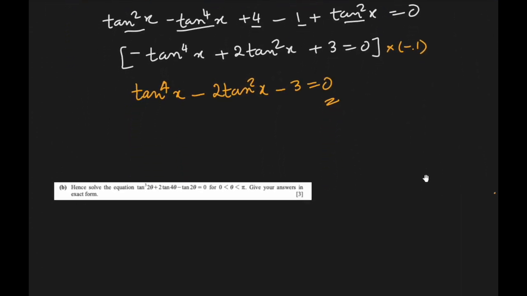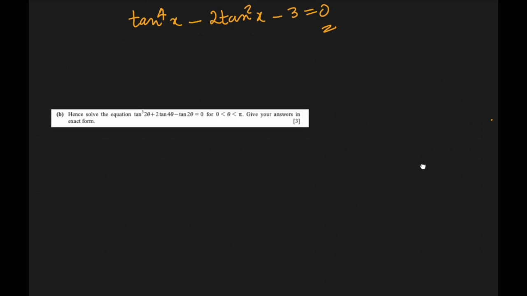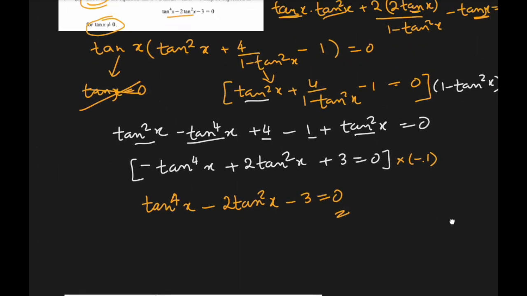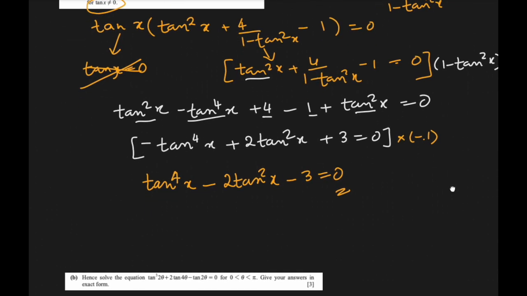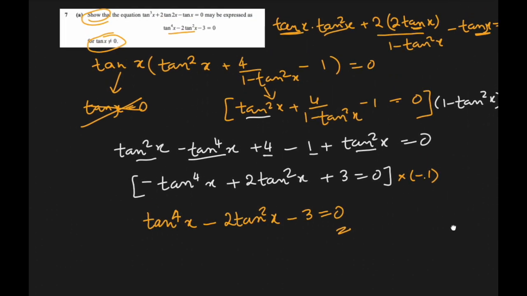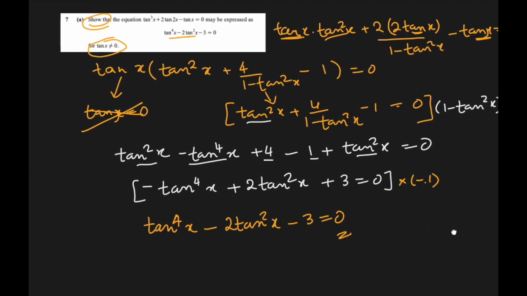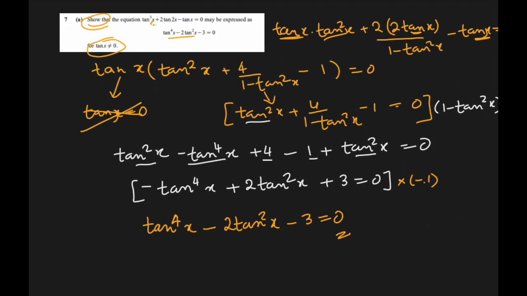Hence, solve the equation for tan 2 theta. Is it matching with the previous one? Yes. The only difference between that one and this is that here we have x, there we have 2 theta.